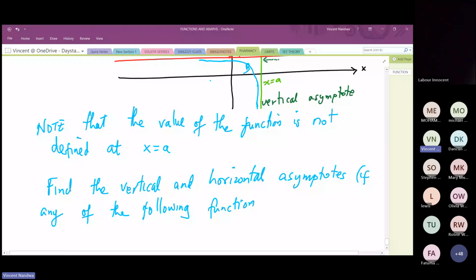The function is f of x equals 4x minus 5 divided by 3x plus 2.